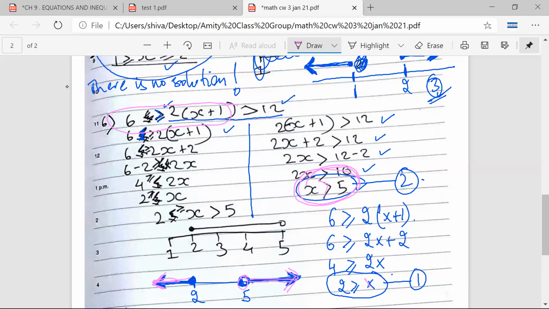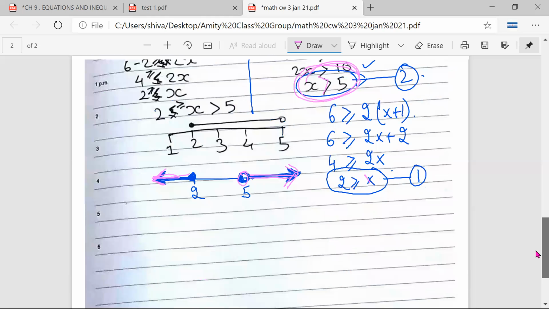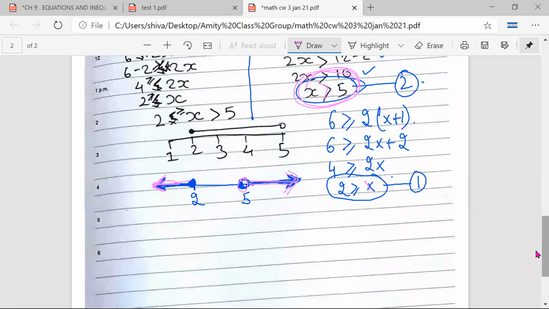So, Sanvi, would there be a solution for this inequality? Soumya ji, no, sir, there won't be a solution.